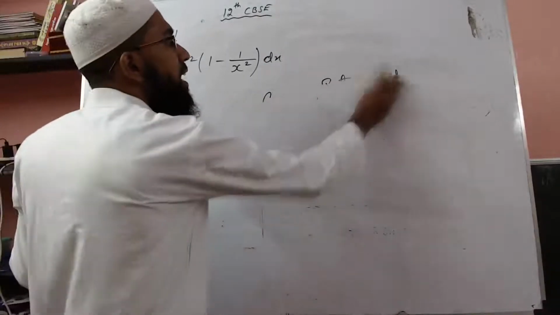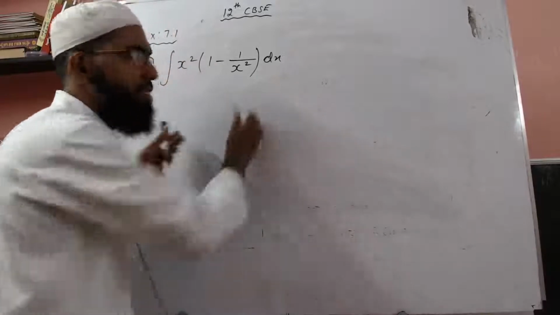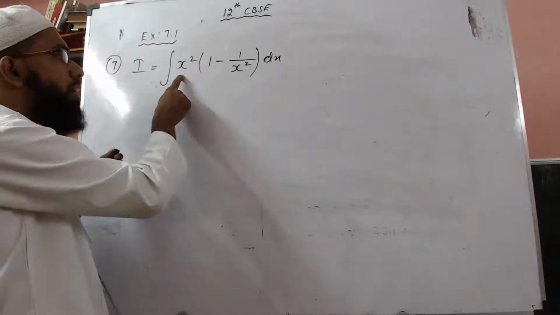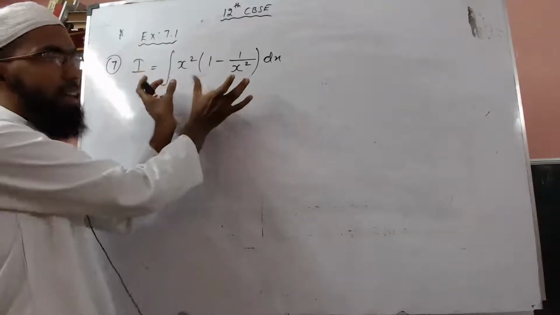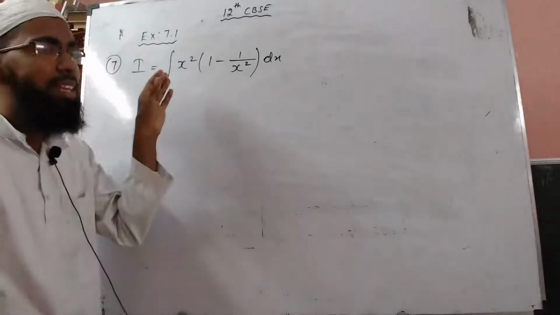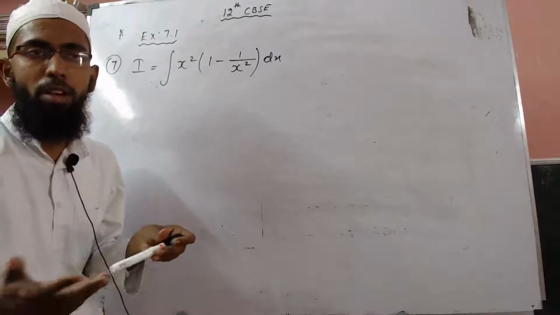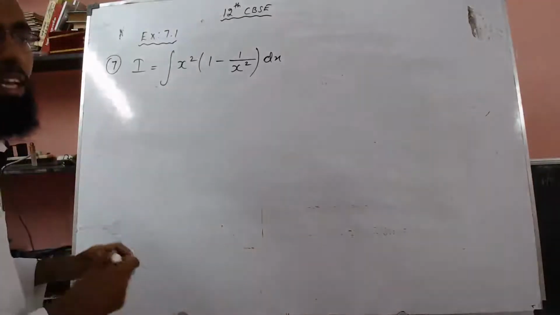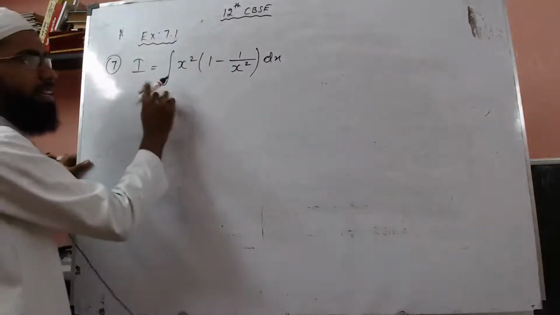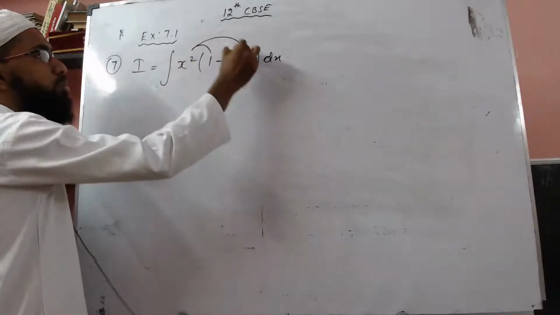In this exercise, if there are two integrands in a product like this, x square into 1 minus 1 by x square, we will not use the substitution method or anything else. We will simplify it and integrate it. I just multiply this with this and this with this.